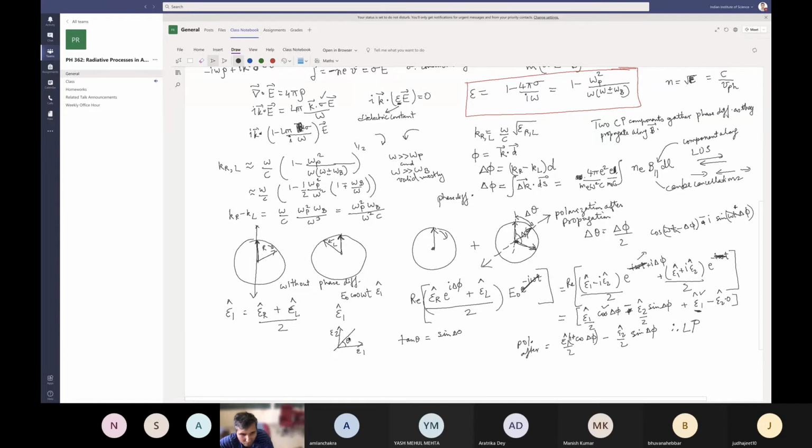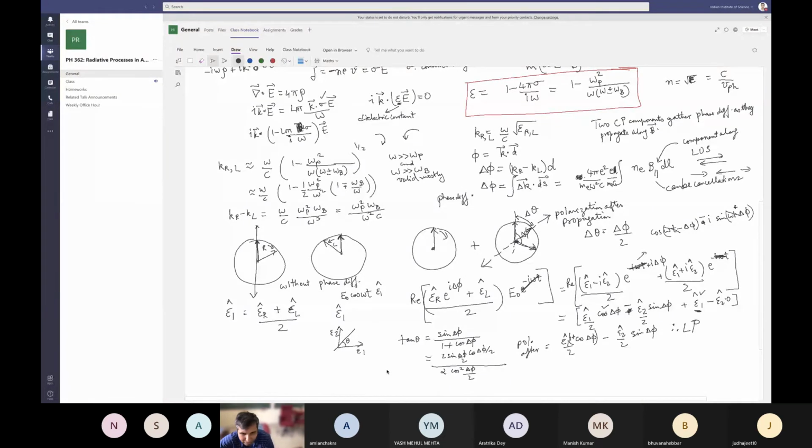And yes, so tan theta is equal to what? Tan theta is the ratio of, this is sine delta phi divided by 1 plus cos delta phi, right? And this is equal to twice sine delta phi by 2 cos delta phi by 2 divided by twice cos squared delta phi by 2, right?